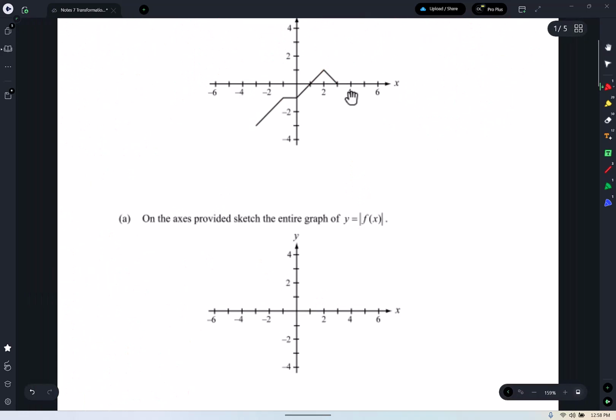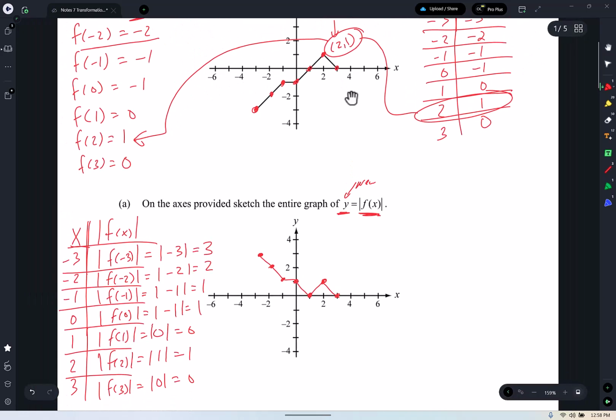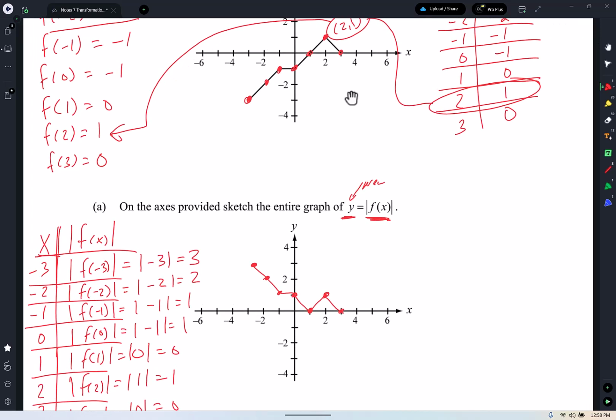What happened? Look at the original and look at this one, and what happened? You don't have to be formal.